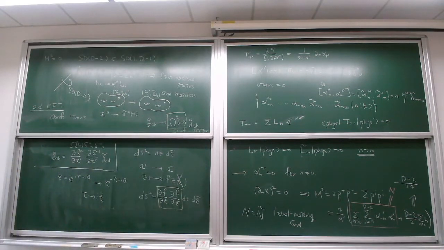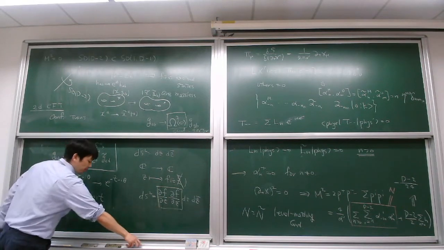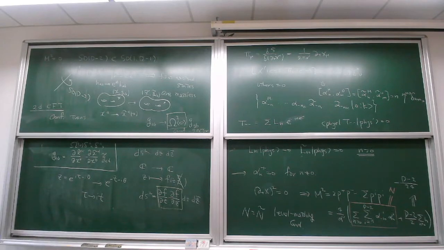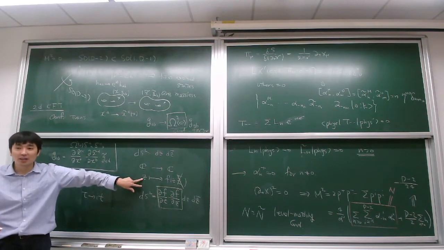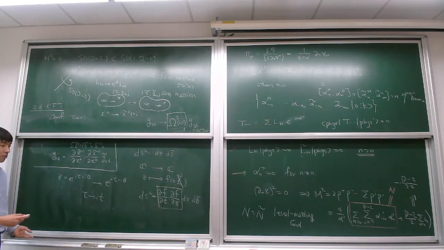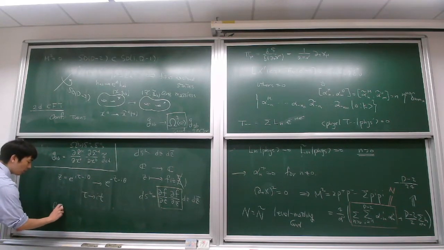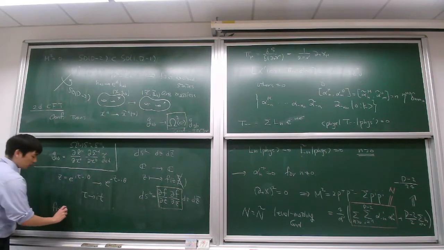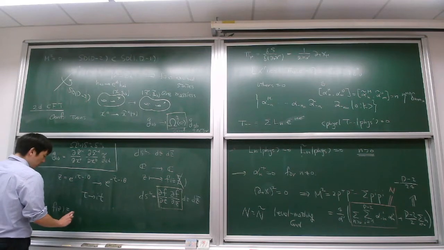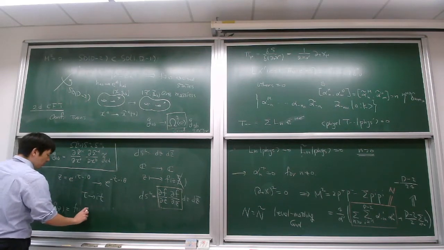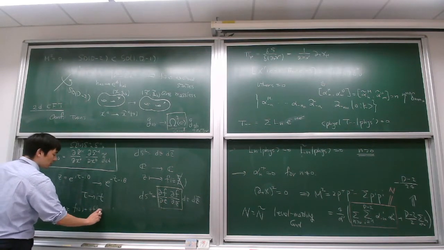The reason why 2D CFT is very rich is that this conformal symmetry is very, very powerful. If you do the Laurent series expansion, or a simple Taylor expansion, it becomes f(0) plus z f'(0) plus z squared over two f''(0), and so on.